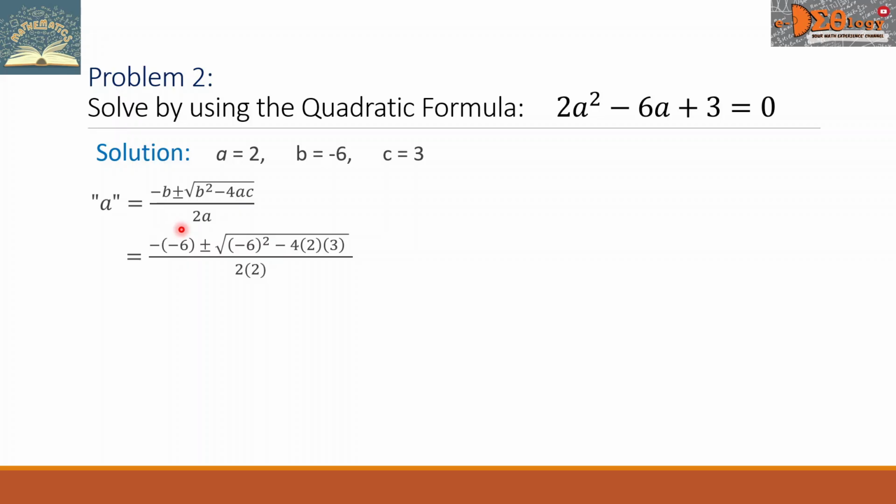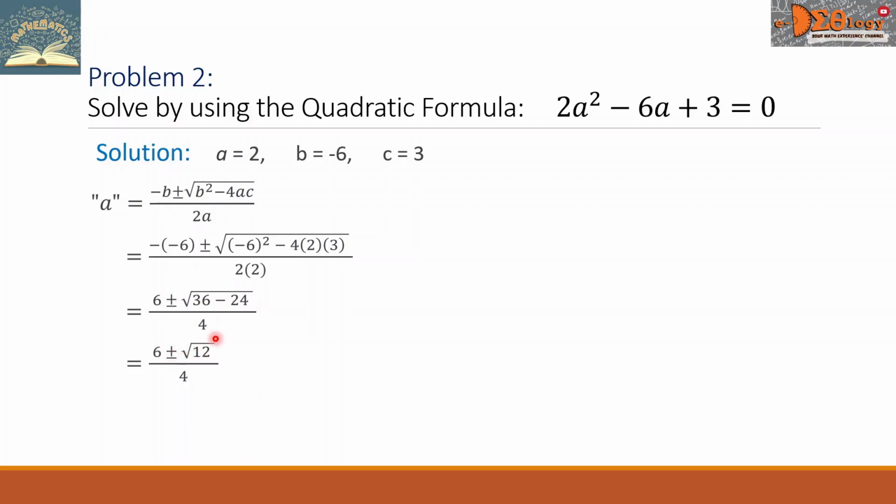The negative of negative 6 is positive 6 plus or minus the big square root, the square of negative 6, positive 36, minus, we multiply 4 by 2 by 3. We will get 24. All over 2 times 2 is 4. Simplifying this 36 minus 24, we get the answer 12.